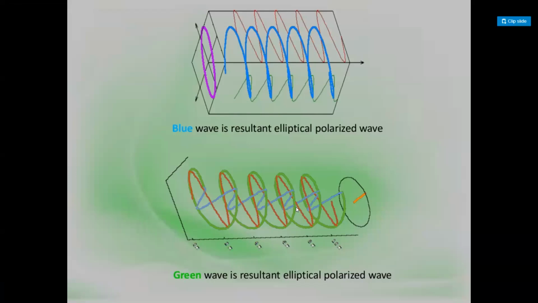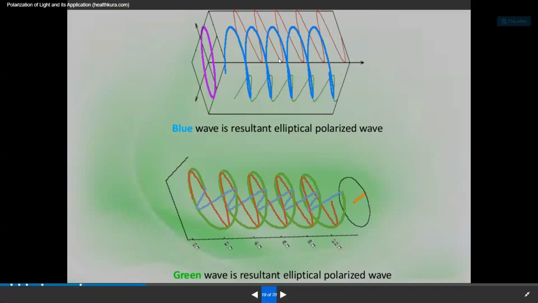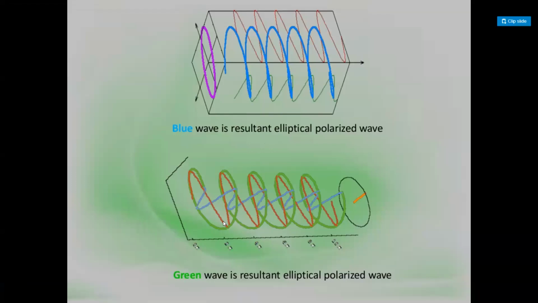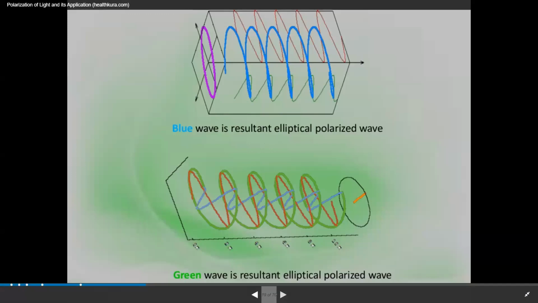By the superimposition of these two waves, we get an elliptical shape. Here you observe the blue color, this is the elliptical shape. So these are the types of polarized light: circular polarized light and elliptical polarized light.